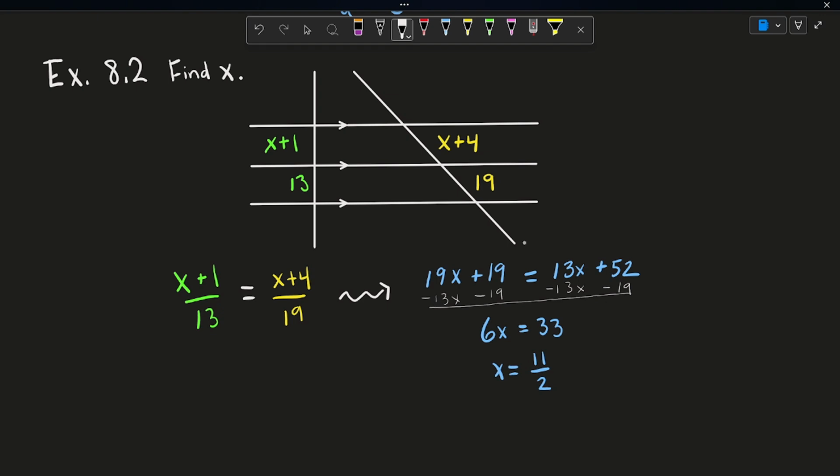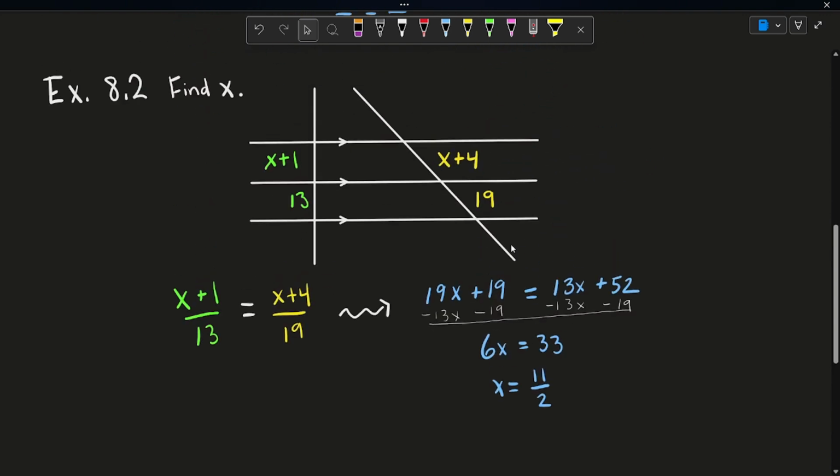It will happen this way because of the proof we just did. You factor all that out and you'll end up with 19x plus 19 is equal to 13x plus 52. Do the arithmetic, you'll have 6x equals 33, and x is going to be equal to 11 over 2. Pretty simple solution. And that's the basics for proportional segments in 8B.